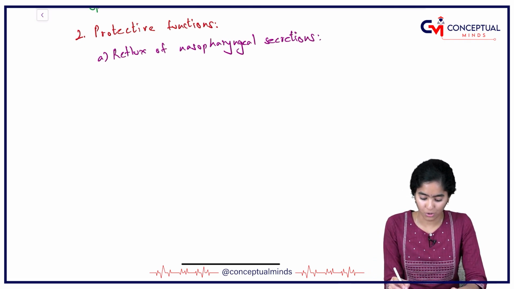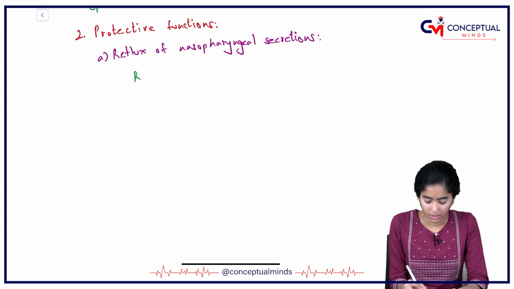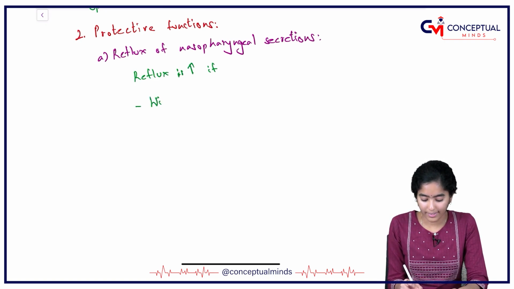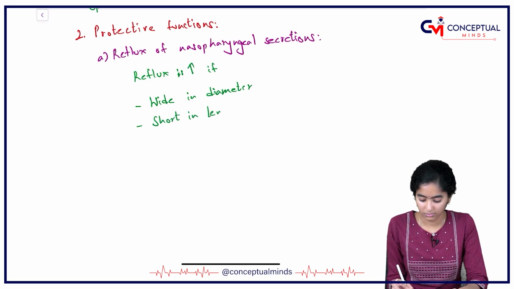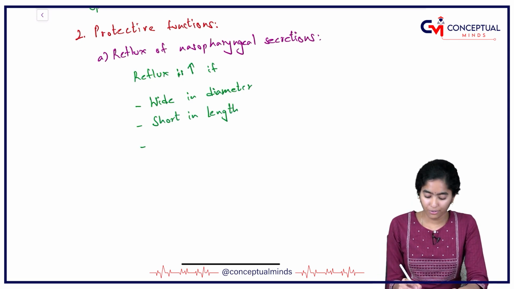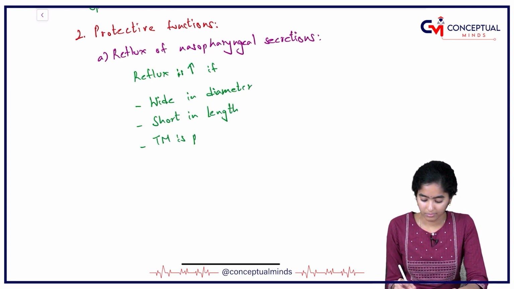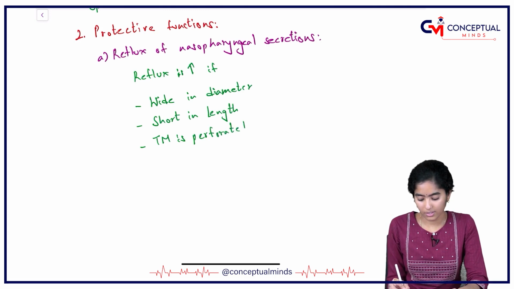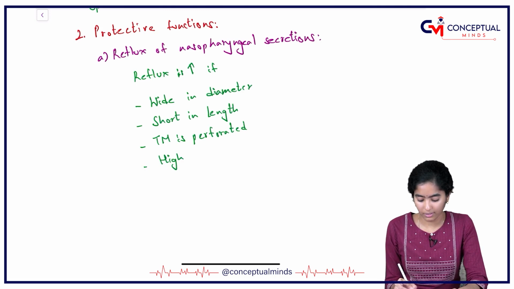It happens in 4 conditions, and they are: reflux is more if the tube is wide in diameter, short in length, if the tympanic membrane is perforated, and when there is high pressure in the nasopharynx. When will there be high pressure in the nasopharynx?